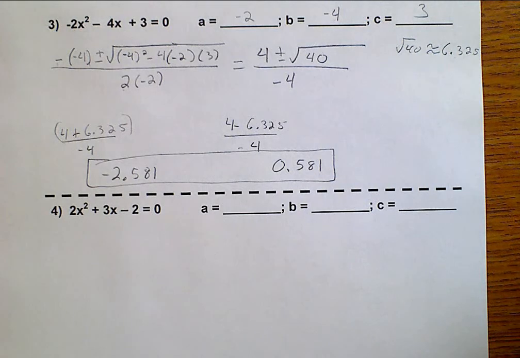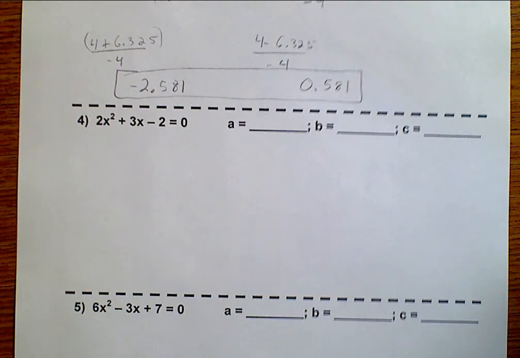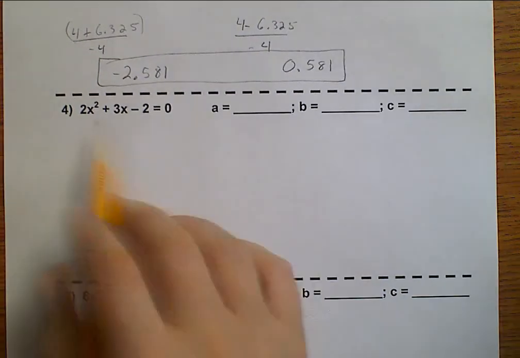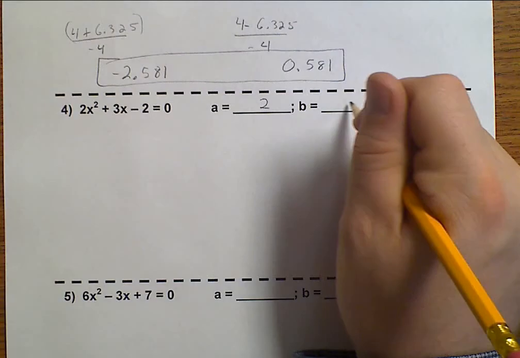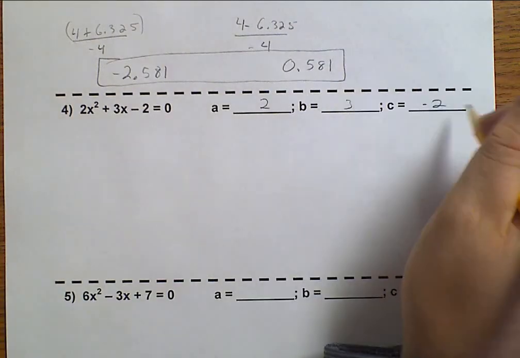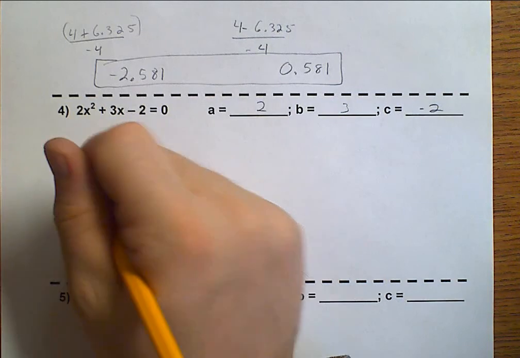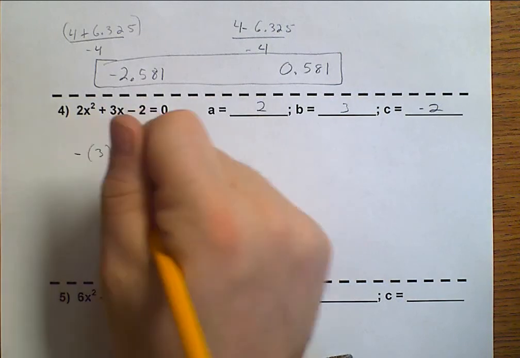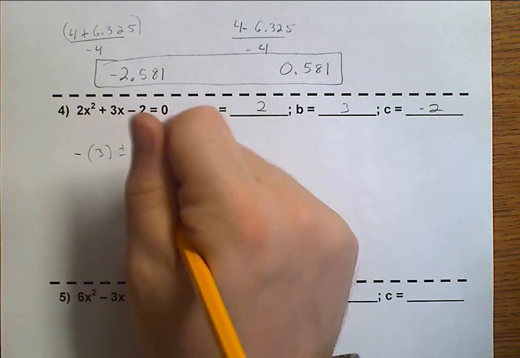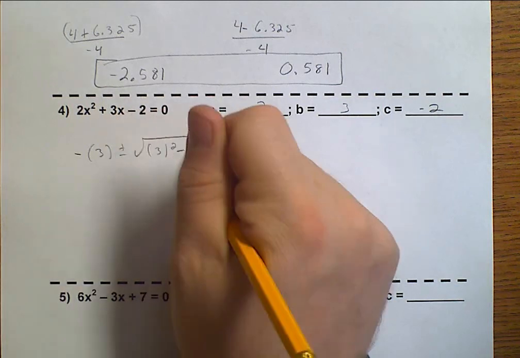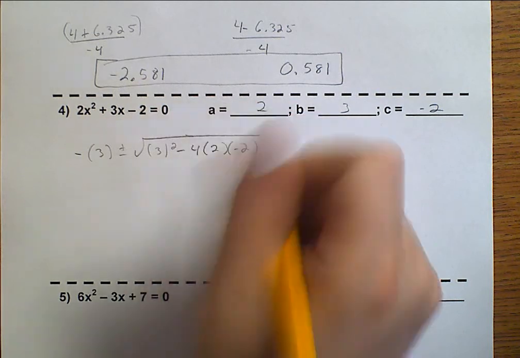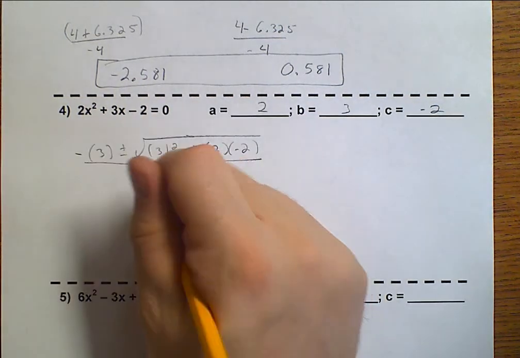Let's go ahead and take a look at number 4. So fill these in. A is 2, B is 3, C is negative 2. So we have negative B plus or minus the square root of b squared minus 4 times a times c all over 2 times a.